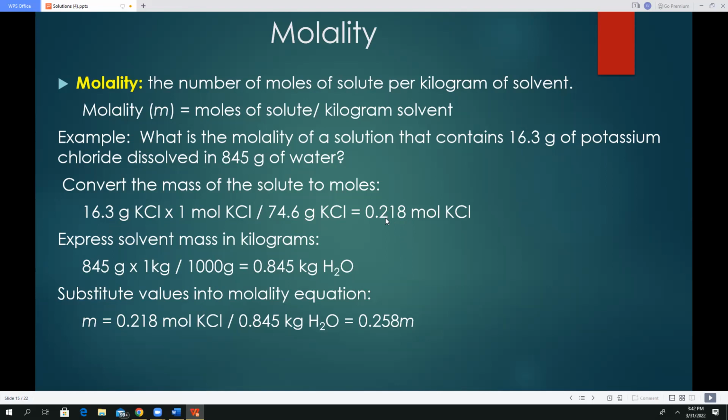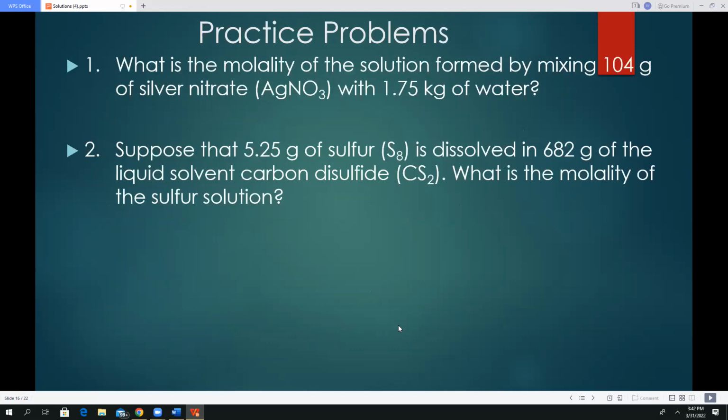And then you're dividing the number they gave you over the number that you just got for the molar mass, and that is going to give you the amount of moles. Once you have the moles, then you need to change your grams to kilograms. So we did that. And then now you can divide the two and get your answer. And remember, sig figs are 3, so we need 3. And that's it. And you have a couple of problems, which are in your post already.